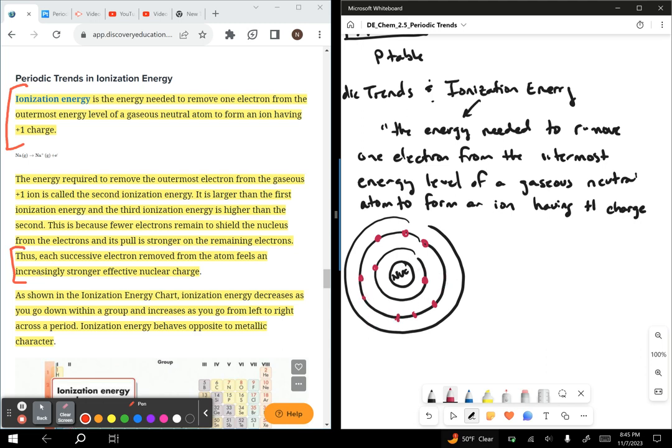Let's just say that here's our electron here. All right, so if we take away one of these, if we were able to remove one of these, okay, that's your ionization energy.